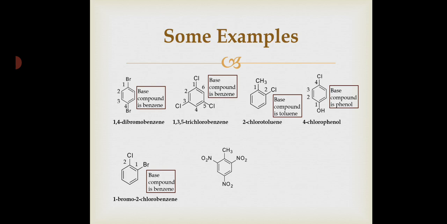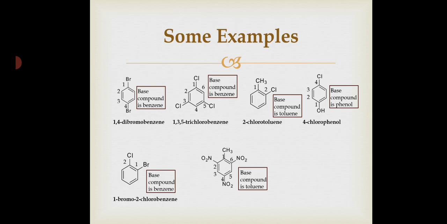Again, coming to this example, you see there is a benzene ring having a methyl group and 3 nitro groups. So it is trinitro, and a benzene ring having a methyl group means toluene, and so the base compound is toluene, and the numbering goes like this. The numbering starts from the carbon to which the methyl group is attached, because the base name is toluene.